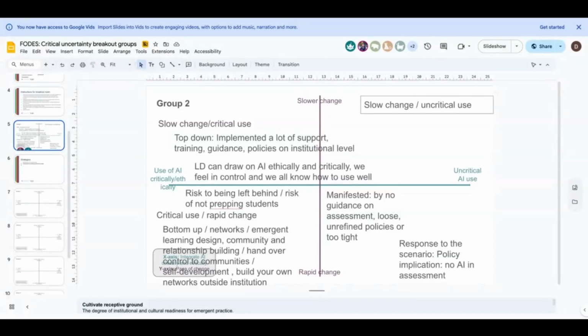And maybe the power in the kind of slow change band. So everything in the top half, the power is located in very conventional ways. Institutions are making choices. Powerful people in institutions are making choices.